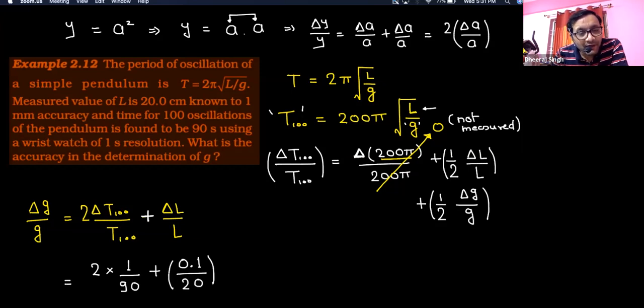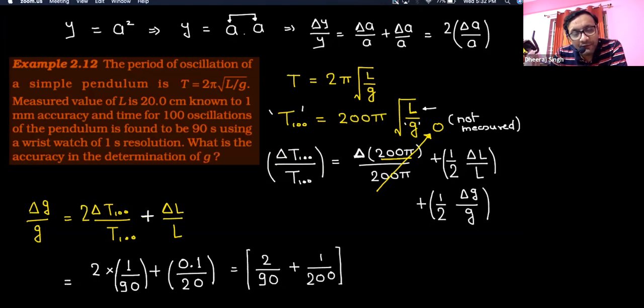When you're dividing, both numerator and denominator should have the same units, so that the units cancel away. So this is equal to 2 by 90 plus 1 by 200. This is delta G by G. Anyone calculated how much it is equal to? Anyone has got it?